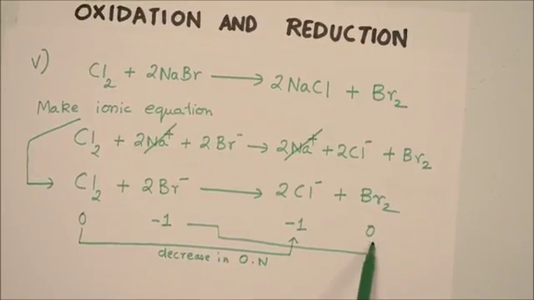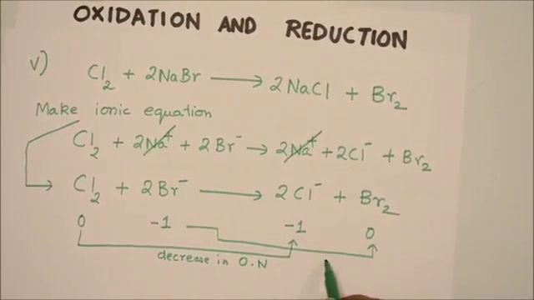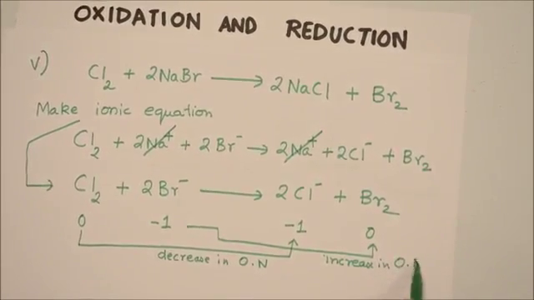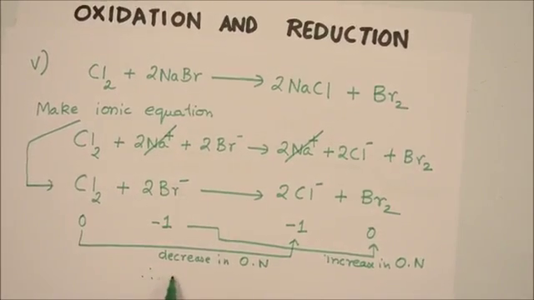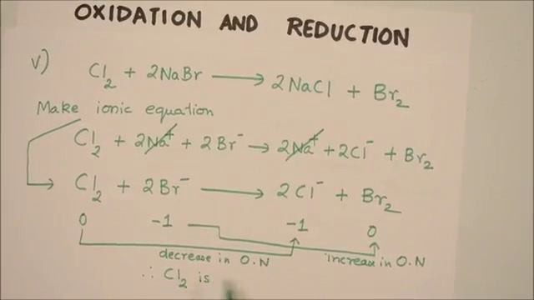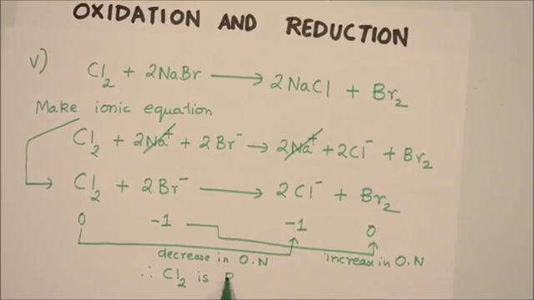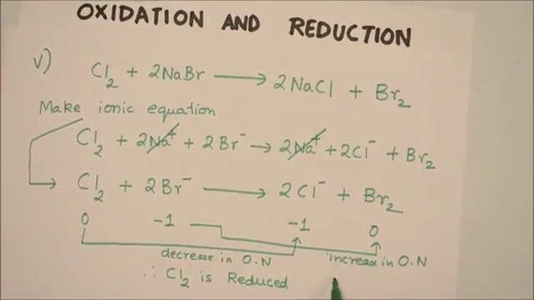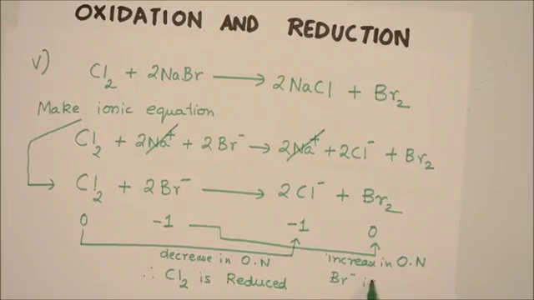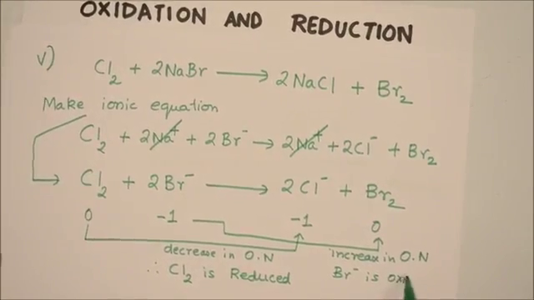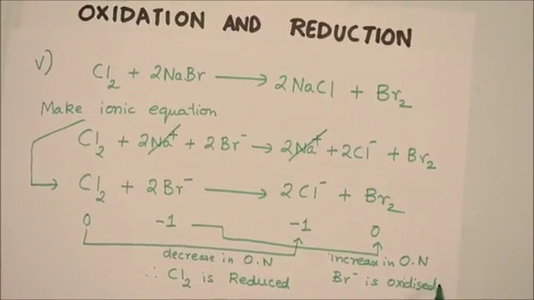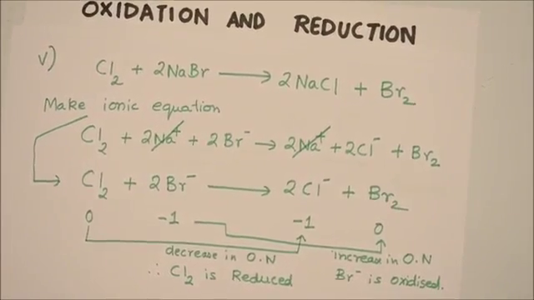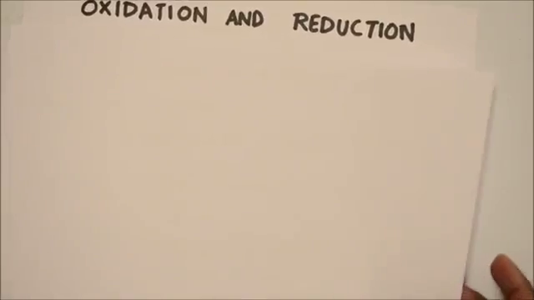In the other case, Br- has moved from -1 up to 0, so it is an increase in the oxidation number. That indicates that Cl2 has decreased, so it is reduced, and Br- has increased in oxidation number, therefore it is oxidized. So one thing we have followed here is we have converted into an ionic equation, then it was easy for us to find out which is oxidized and which is reduced.